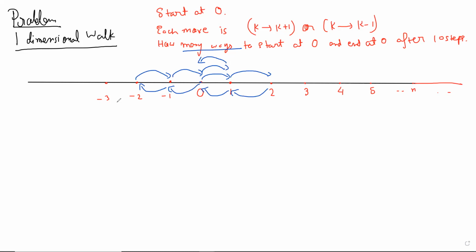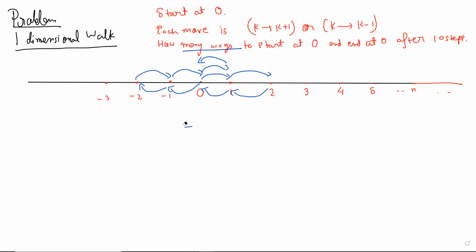So this is one journey, right? You went 0, 1, 2, then you came back to 0, then you went to -1, then -2, then -1 again, and so on. So this exact sequence matters. You made 10 moves, you have 11 points, but you made 10 moves. In total, how many ways are there?